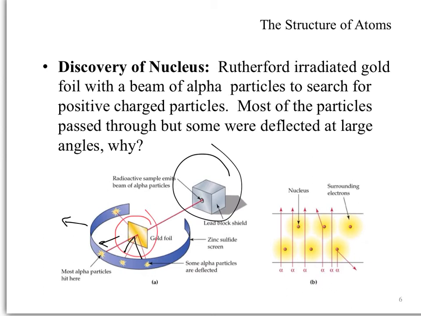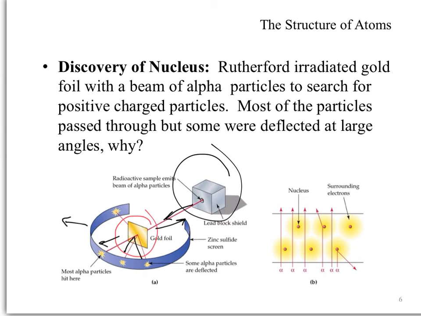And some 1 in like 180,000 got deflected back. That means they came in and then they got deflected back completely. What that shows is that there's a possibility that it might have hit a really small region where the positive charge is concentrated.